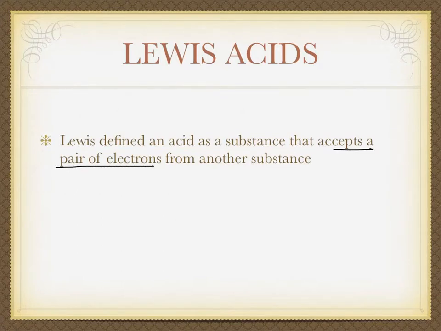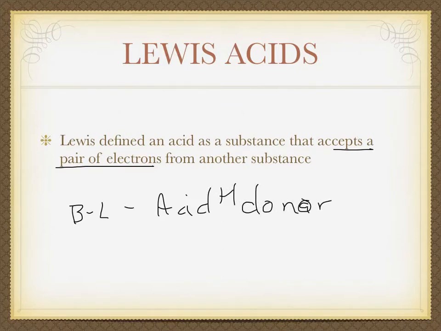I always find this confusing because with the Bronsted-Lowry, we said an acid was a donor, the hydrogen ion donor. But over here we say it accepts a pair of electrons. So Lewis acids accept electrons.